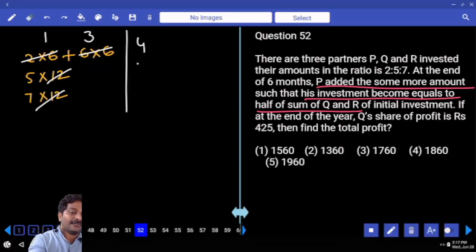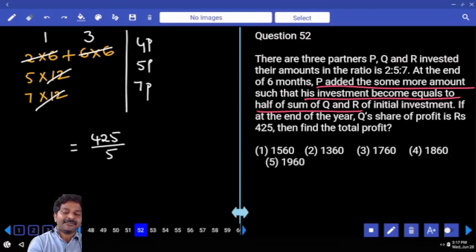4, 5, 7 in terms of number of parts, right? Q is getting 425 which is equal to 5 parts, right? Then 1 part is equal to 425 divided by 5. Total profit in essence is 16 parts, that is into 16 only. 5 times 80, 5 times into 16.